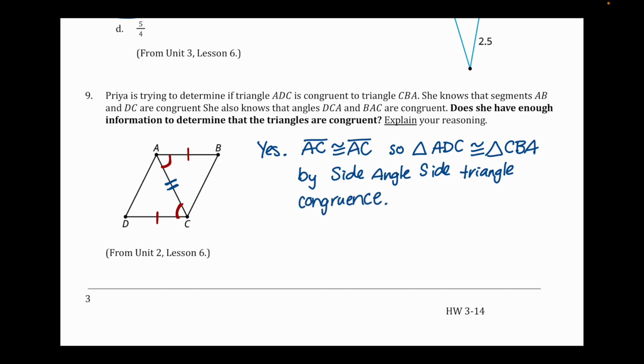You can also just write SAS. I just decided I wanted to write the whole thing out this time. So that's that question, and that was all the way back from Unit 2, flashback to triangle congruence.